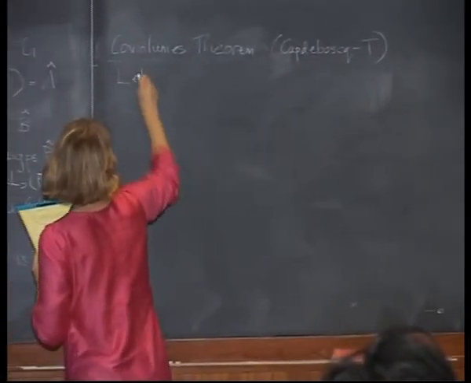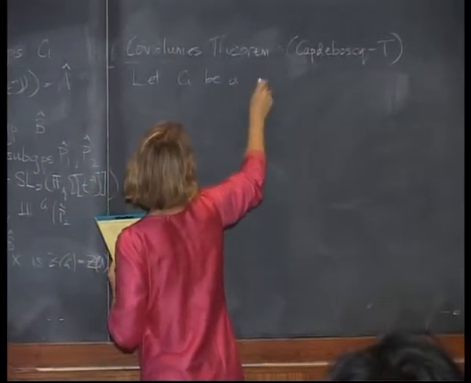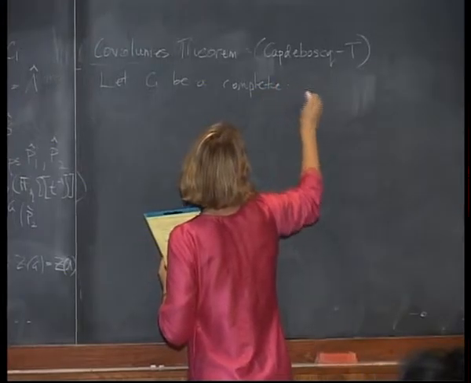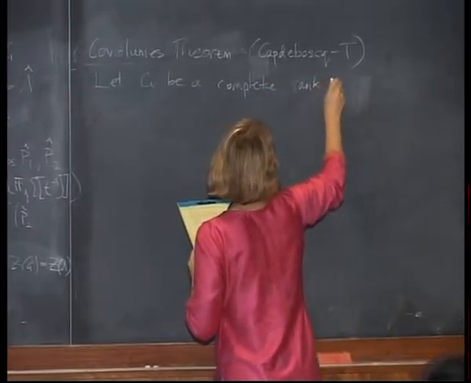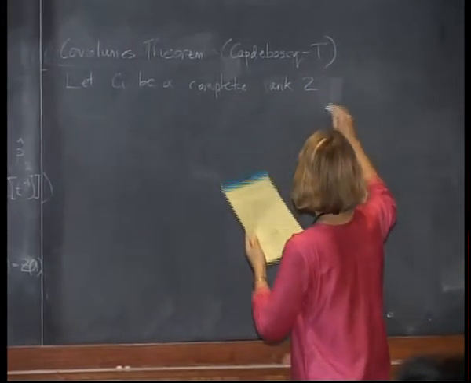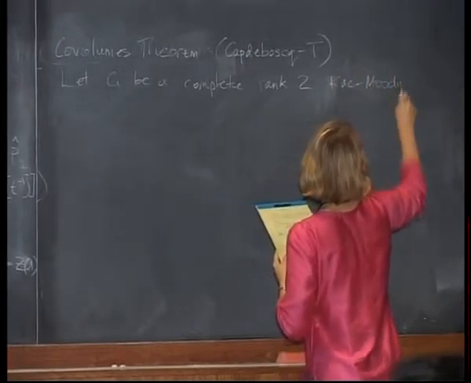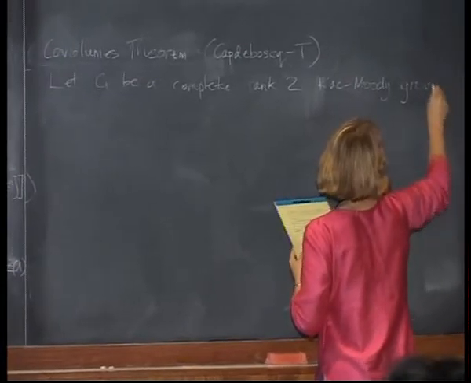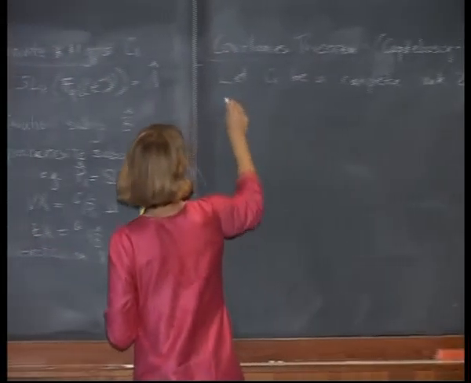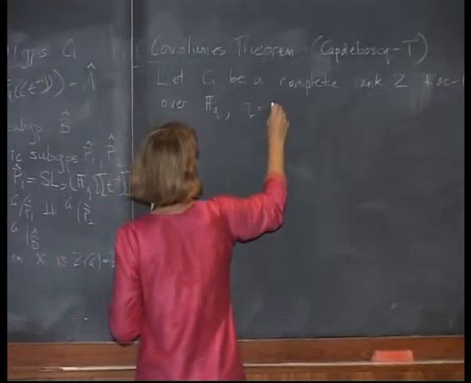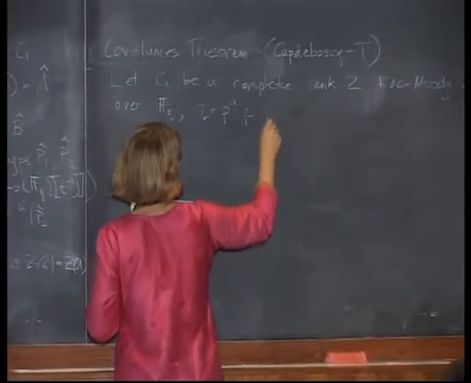So G is a complete, so it's the completion of a minimal, complete, rank 2, I'll explain more in a moment, Kac-Moody group over the finite field F_q, where q is a power of the prime p.